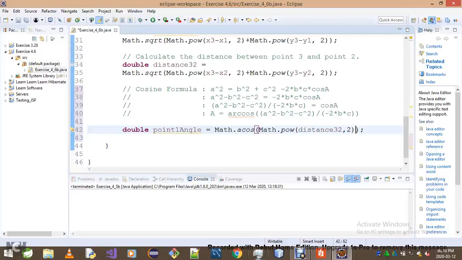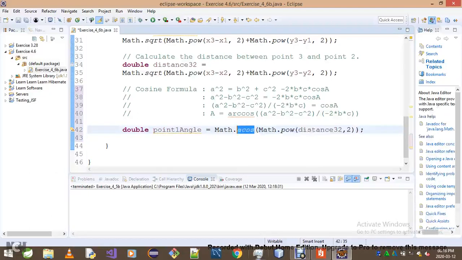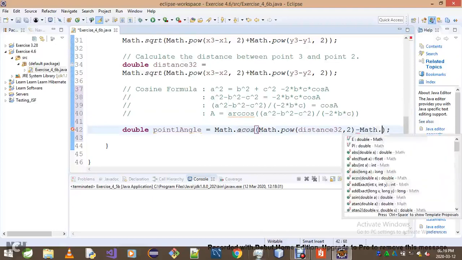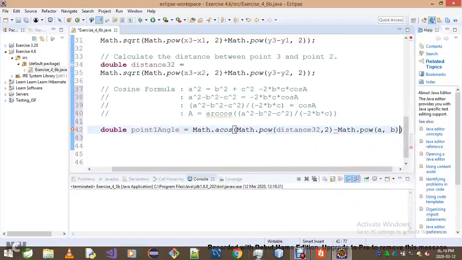However, we've got to square that because we want a squared, not a. So that's why we're using math.pow. We use this in order to find that arc cos, right? Okay, we say that minus math.pow, minus b squared. B squared is nothing else but the distance between point 1 and point 3.